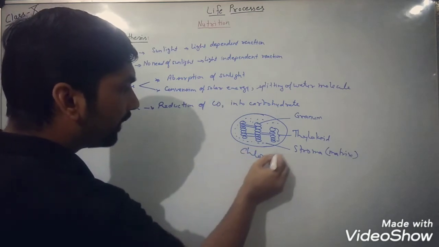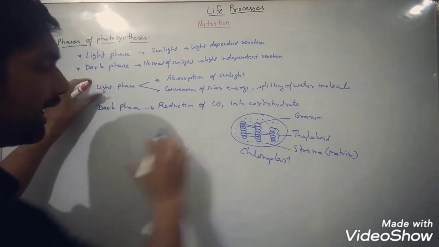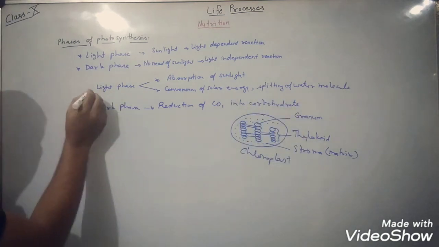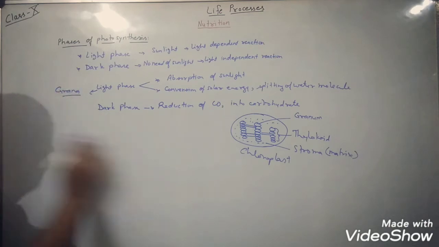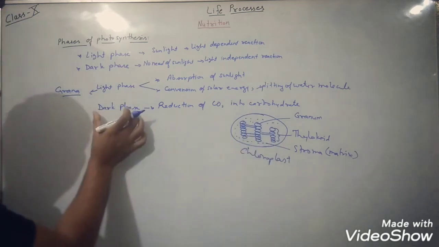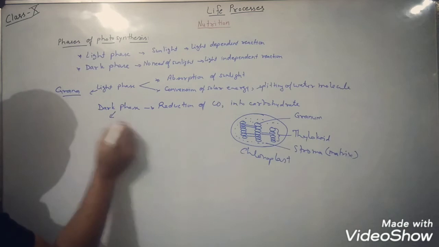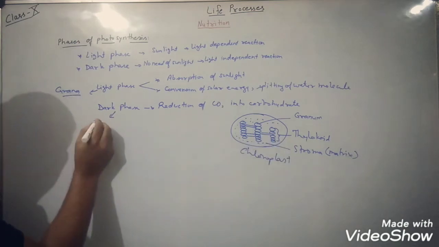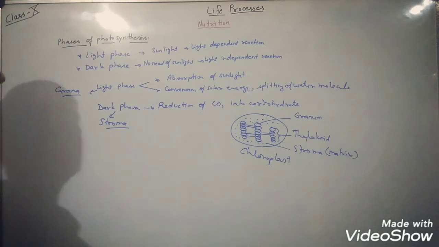And this is the whole chloroplast structure. When we talk about the light phase, it is happening in the grana of chloroplast, inside these granum. And the dark phase is happening in the matrix of chloroplast, known as stroma.